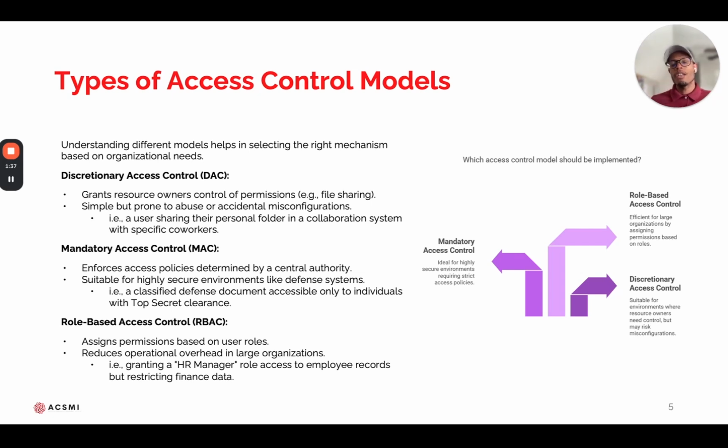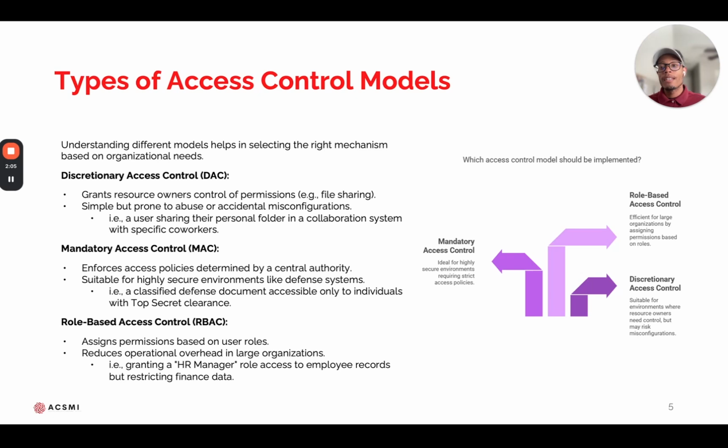Now let's talk about the different control models. We have discretionary, mandatory, and role-based. Mandatory, this is more so focused on the government side of things. Think of the government, think about top secret classified. This is access that is done prior and it's strict and you don't really touch it. You don't do anything else to it. Whereas discretionary is a little bit different. You can grant access just by you going and granting access to something.